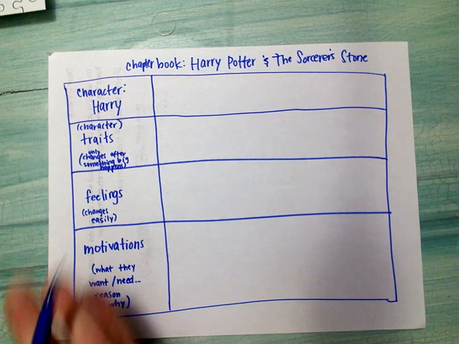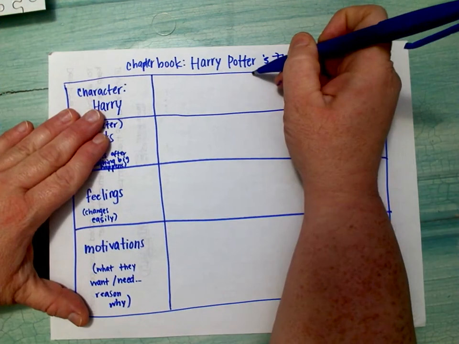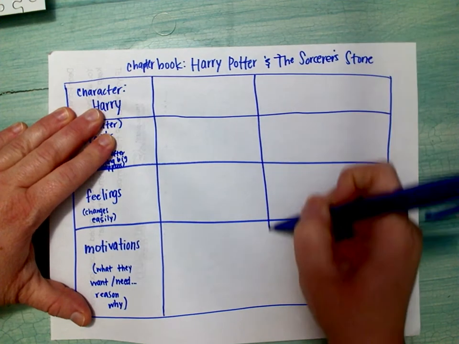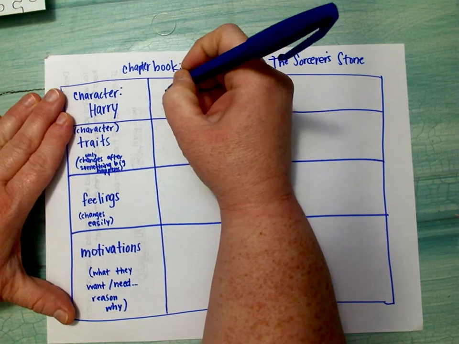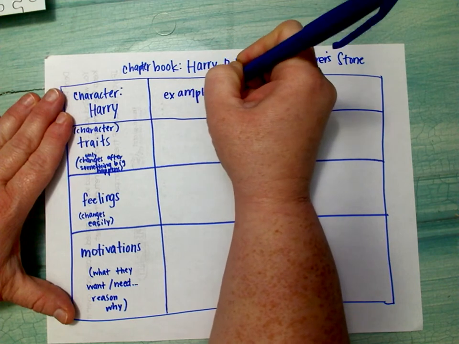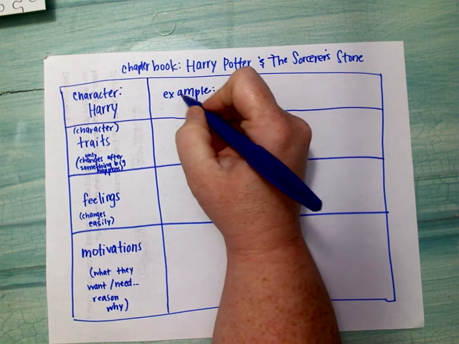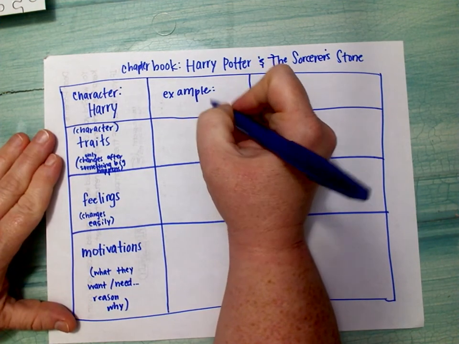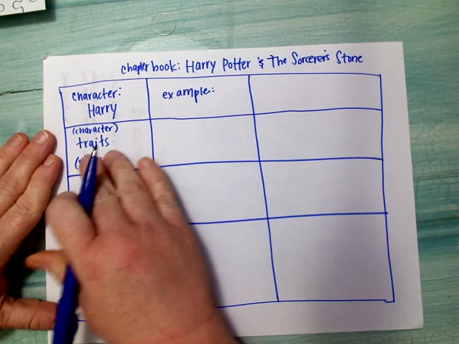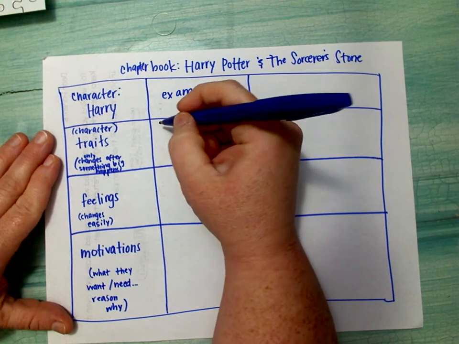But I'm going to choose Harry because he's kind of easy. So the first thing I'm going to do is put the word example up here. This is like what it is. What's a character trait he has? So I'm going to put the character trait that he has. For example, I'm going to say that he is brave.